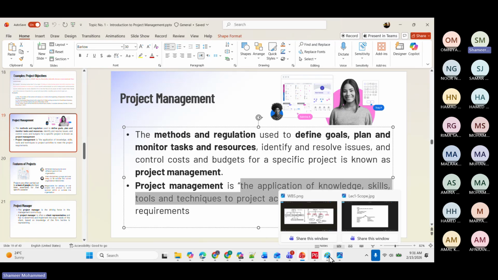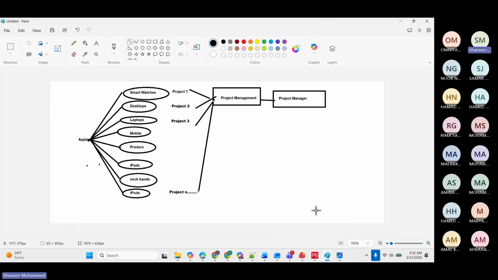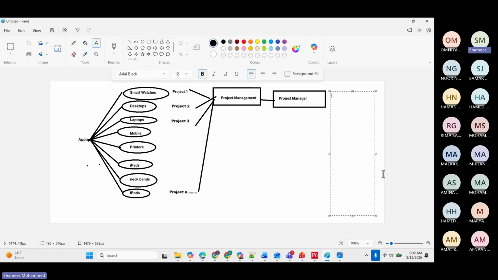So you are a student now. You are learning with me the principles of project management. So tomorrow you go to the IT company, you will apply all the knowledge you are learning here as a project manager.